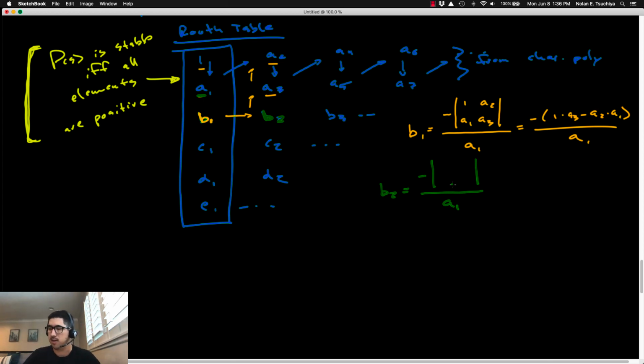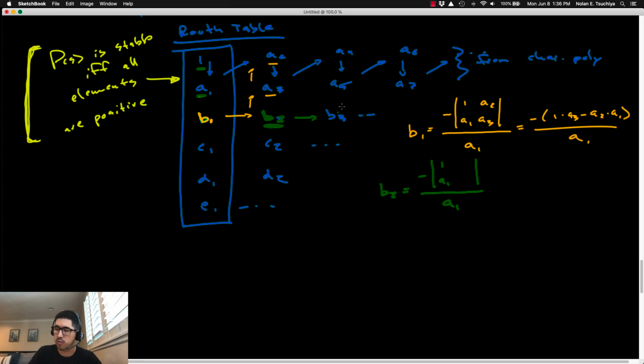Now, remember how to construct the 2 by 2 matrix. So for B2, you're going to get the left-hand column by looking at, again, the first two elements in the two rows directly above. So the left-hand column is still 1 and A1. The right-hand column, remember, is pretend that you're standing here at B2.